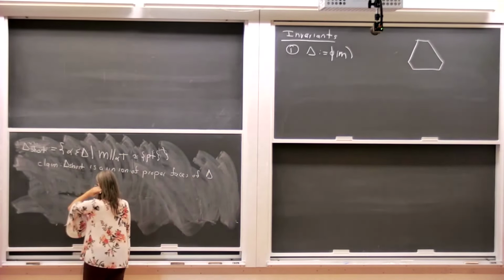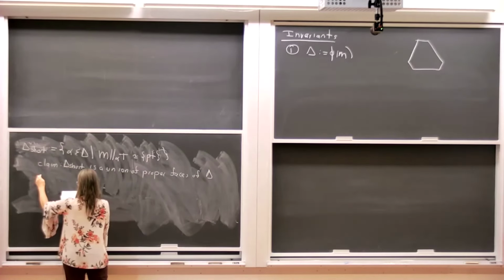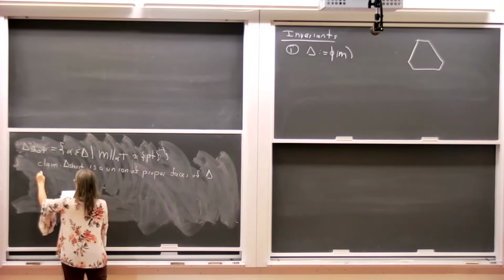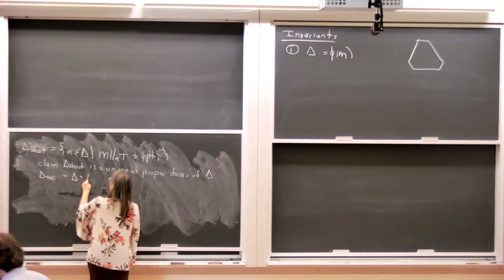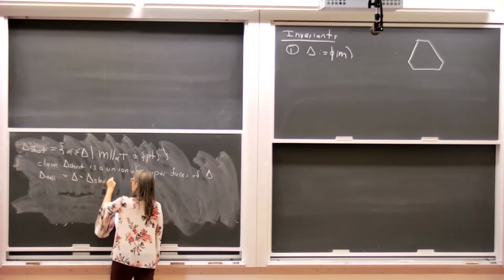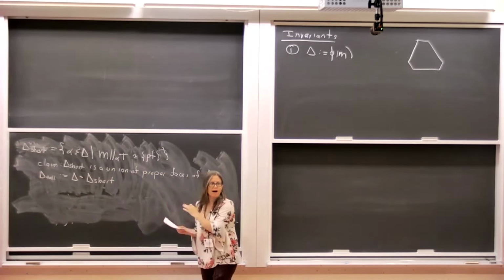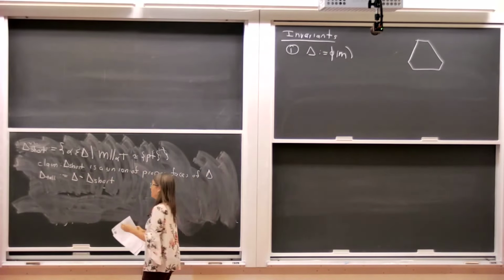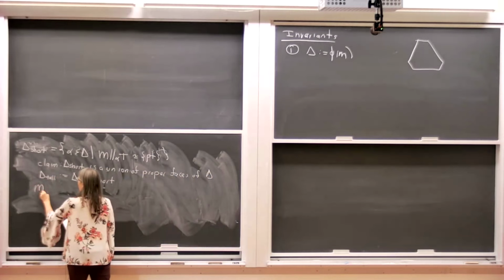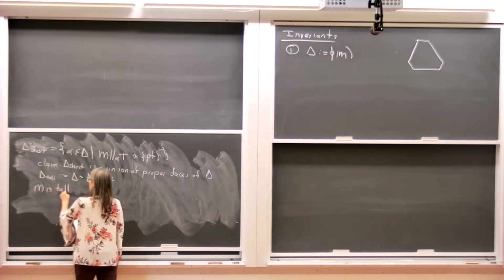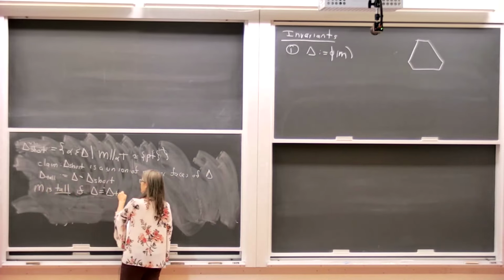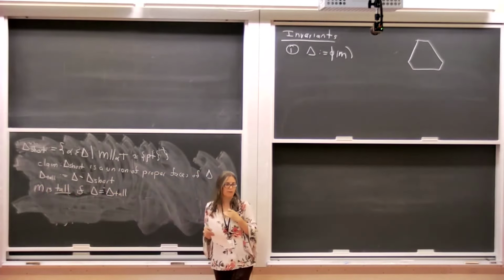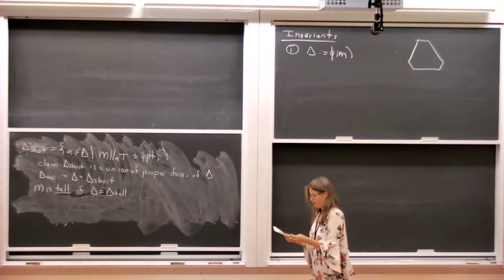And I'm going to define delta tall to be delta minus delta short. So those are the points where it's not a single point. And I'm going to say that M is tall if delta equals delta tall, so if there are no short fibers. Just a little terminology that I'll need.